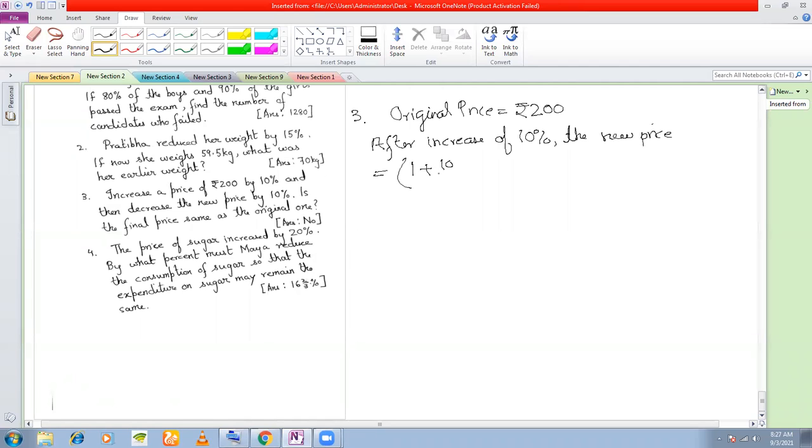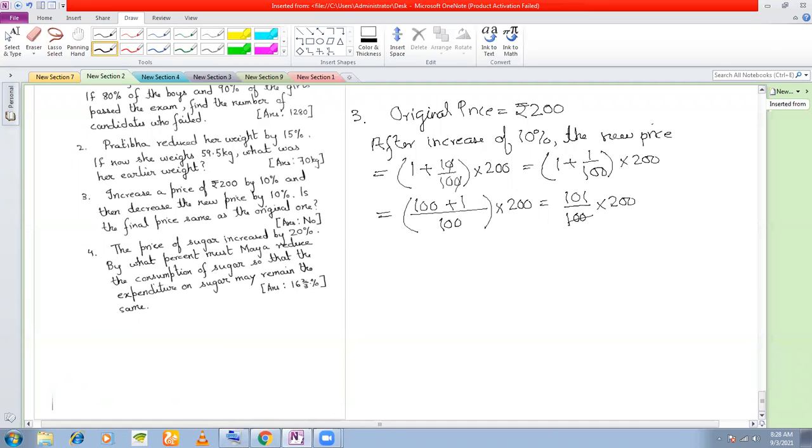So 1 plus 10 by 100 into 200. Cancel. So you get 1 plus 1 by 20. 10 into 200. Now you take the LCM. 100 plus 1 into 200 is equal to 101 by 100 into 200. Now you can cancel here with 2. So you get rupees 202. This is the new price after increase by 10%.